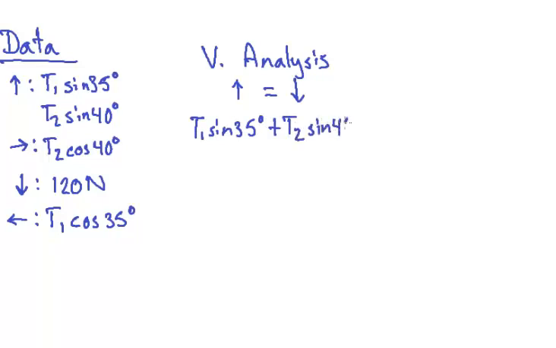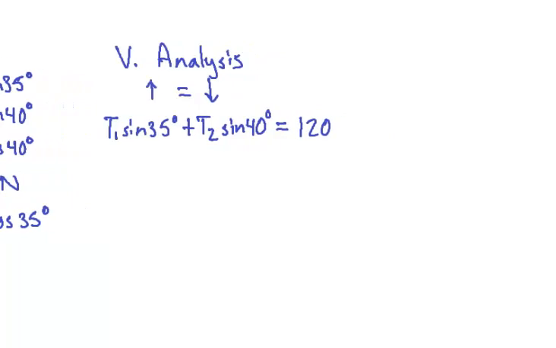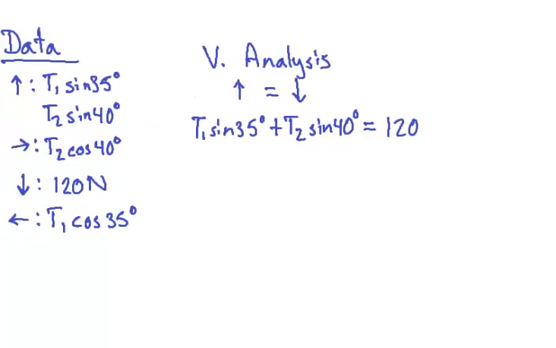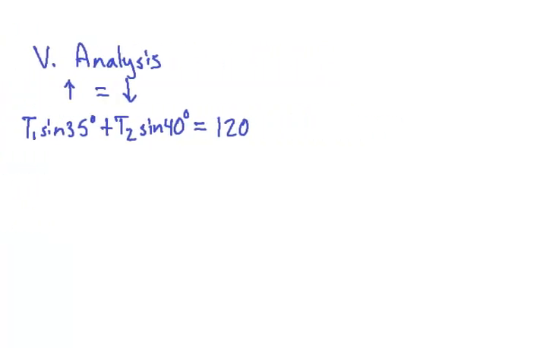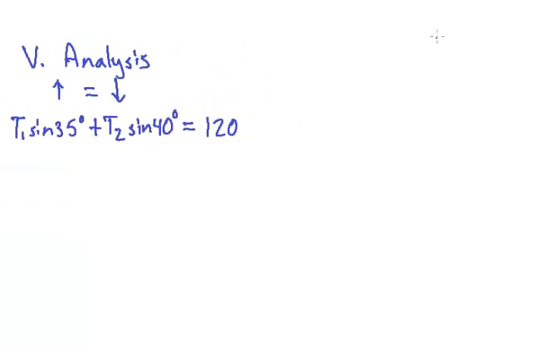They're both working together. It's going to be equal to 120 newtons. Now that does not give too much space for a horizontal analysis, so we're going to move, but the data for horizontal will be T2 cosine 40 and T1 cosine 35.